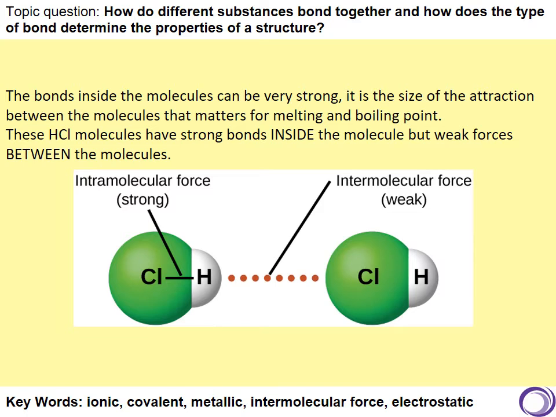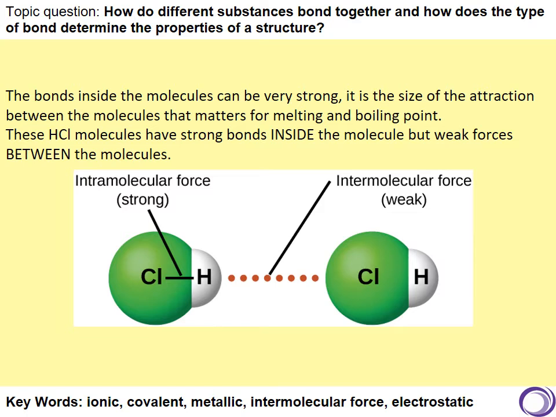It is important that we remember that the bonds inside a molecule, so the intramolecular force, are very strong, and even in small covalent molecules, the bonds between atoms within a molecule are very, very strong.